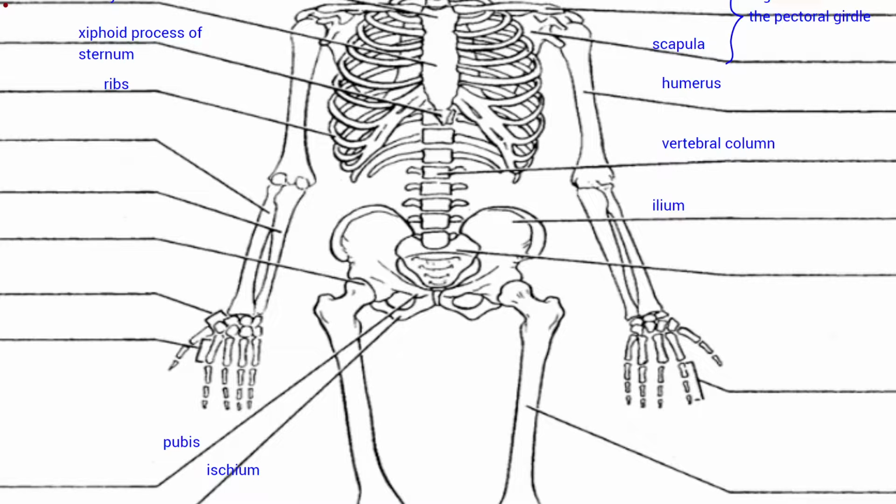And collectively, they make the os coxae. Okay. This is the sacrum. And the sacrum and the os coxae together make up the pelvic girdle.